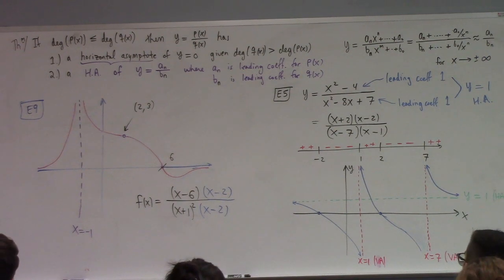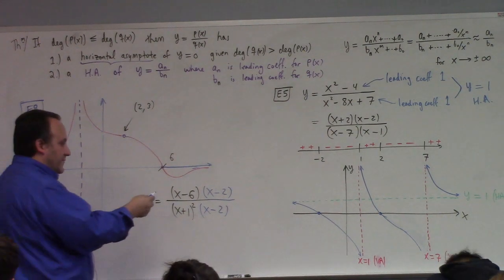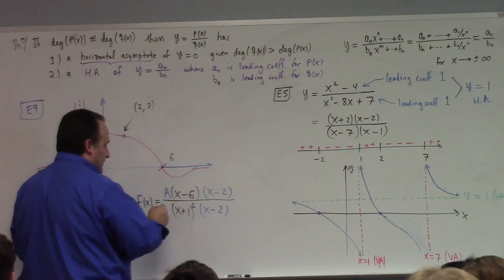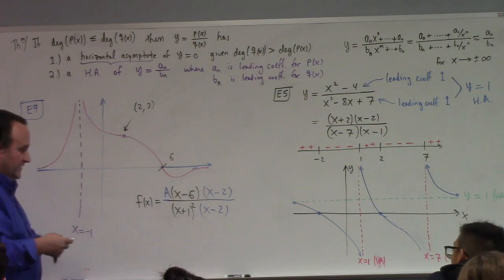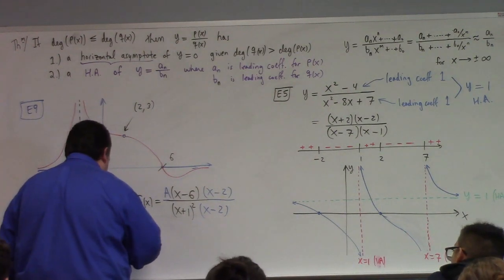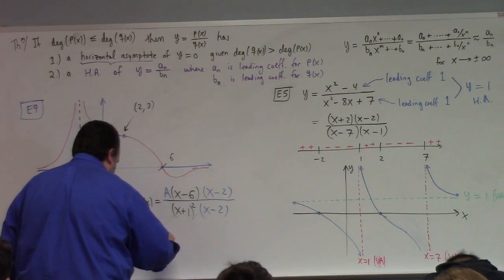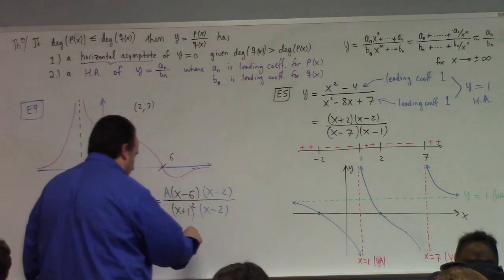Now, there's a flexibility I have in all this, right? I can put whatever number I want up front. So what should I choose a to be in order to make the hole go there? What I want is my reduced function of 2 to be equal to 3. What is the reduced function here?